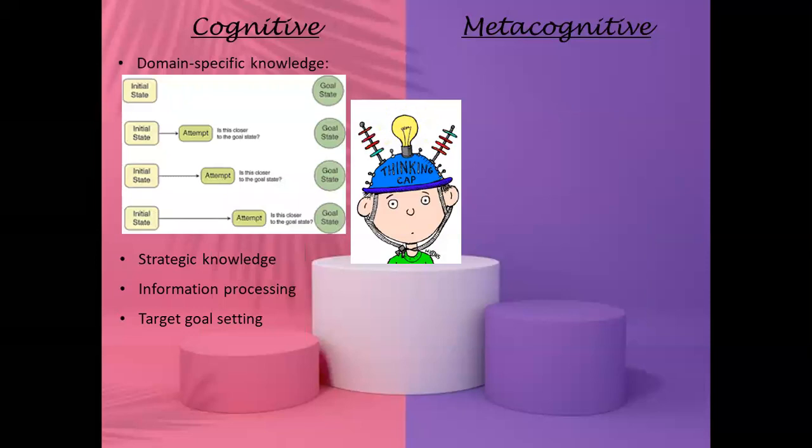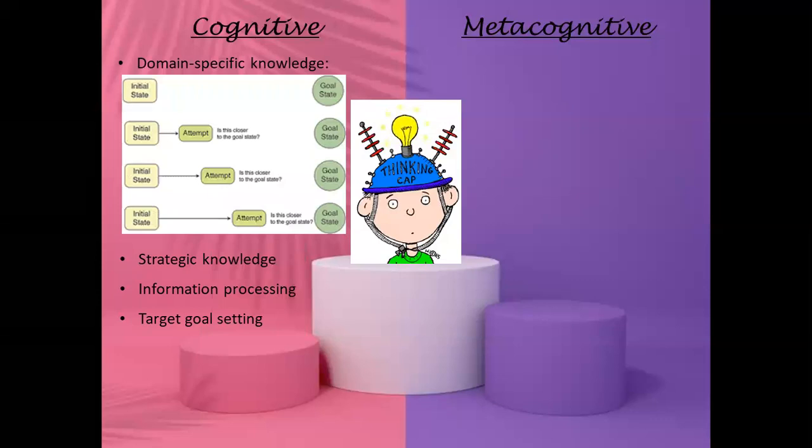So let's dig deeper into cognitive. First one under cognitive is the domain specific knowledge. In domain specific knowledge, there is the initiative of the students to have an idea, and then afterwards they have a goal state. So for their first step of thinking, they have the initial state and then the goal state.